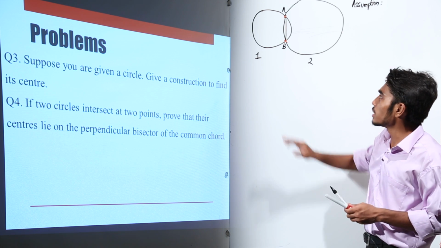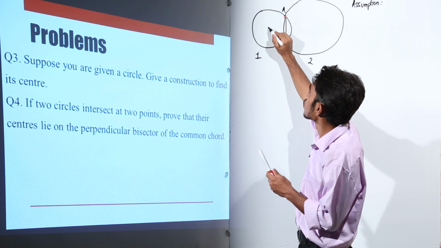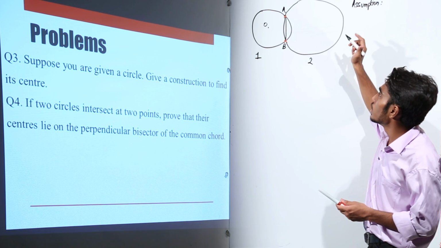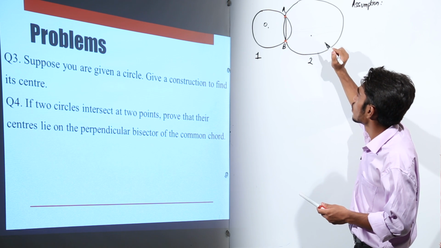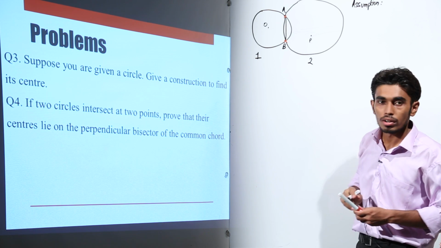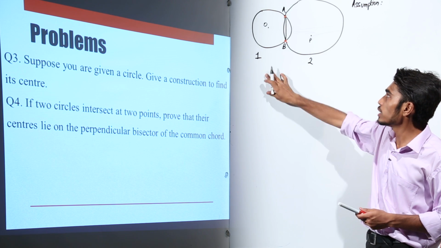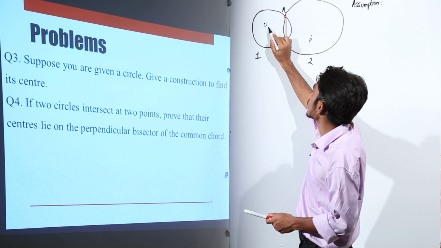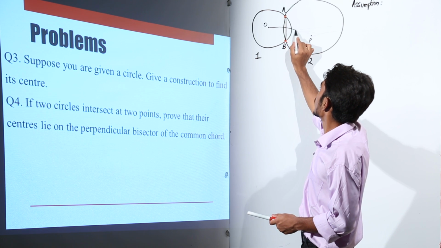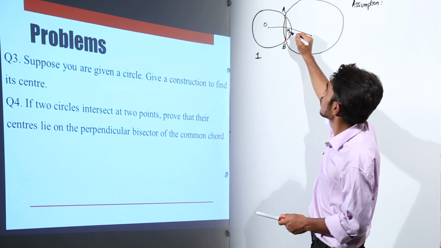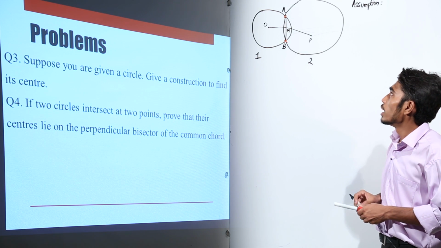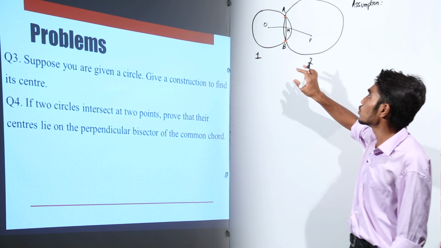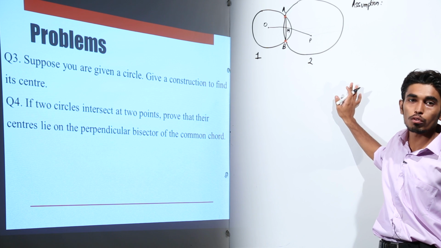Let us say that the center of circle 1 is O, right? And the center of circle 2 is P, right? The center of circle 1 is O and center of circle 2 is P. Then let me assume that the line joining the centers, or I can say the line joining O and M and M and P, they are not forming a straight line.